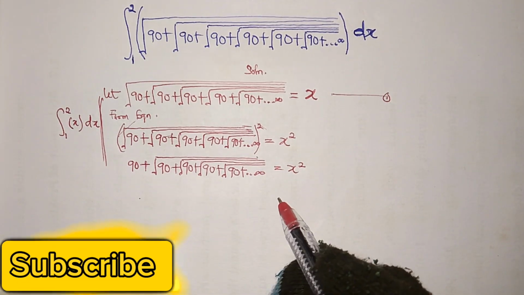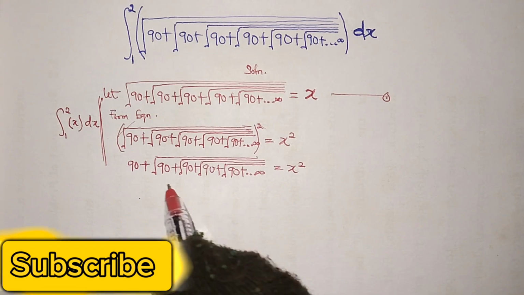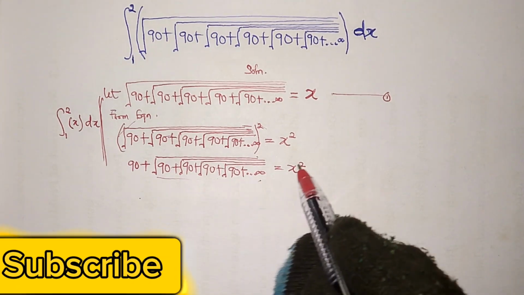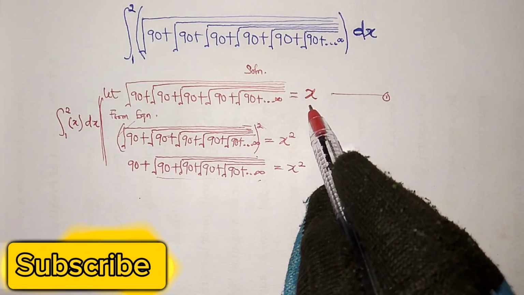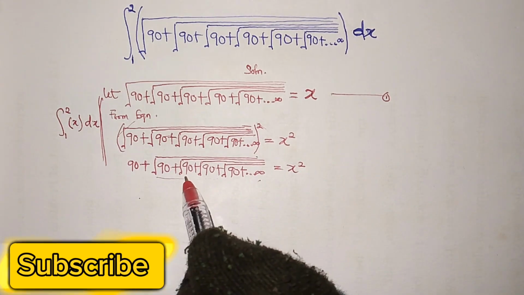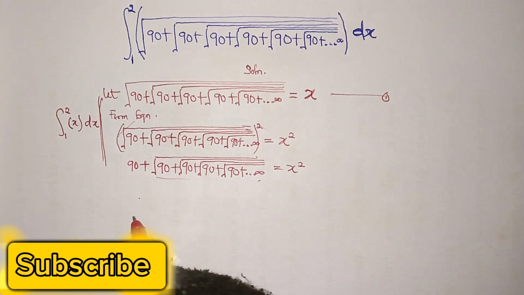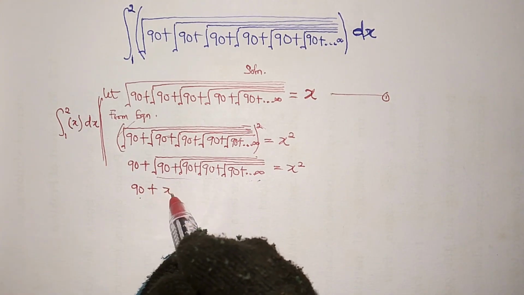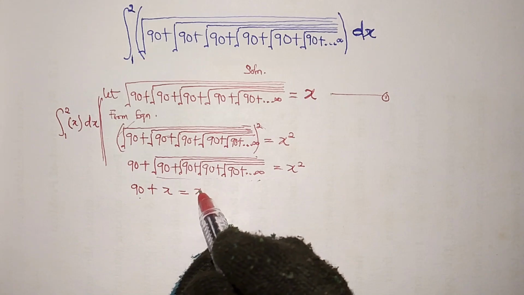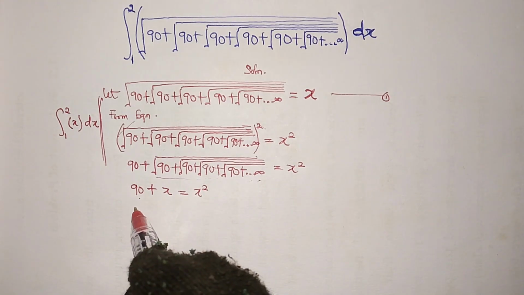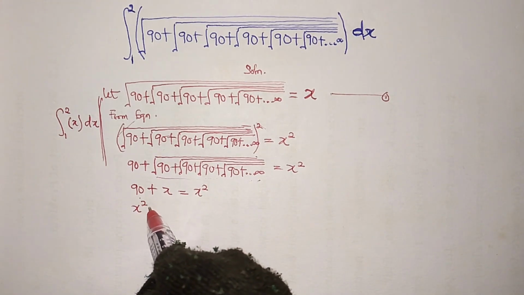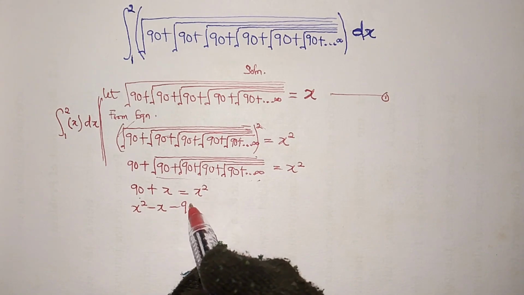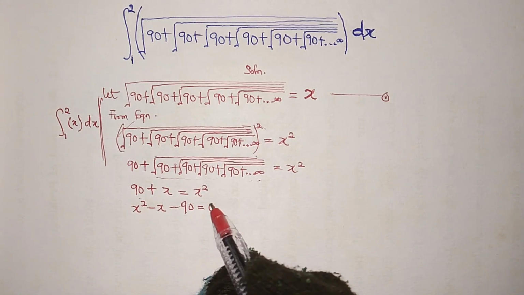Here we can see that the whole of this expression in equation 1 equals x. So we substitute x in place of it. We now have 90 plus x equals x squared. So this now becomes x squared minus x minus 90 equals 0.